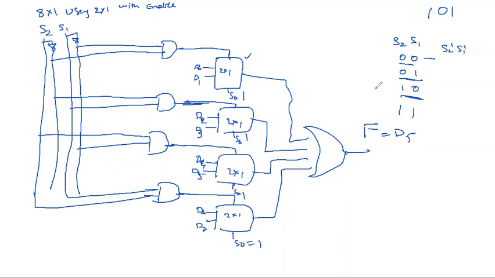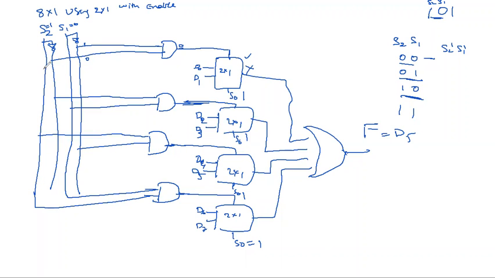Next, S2 and S1 are 1 and 0. So this becomes 1, this becomes 0. 1 0 means the AND gate output is 0, so this will not activate, right?